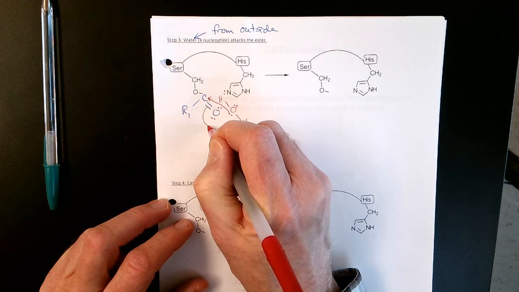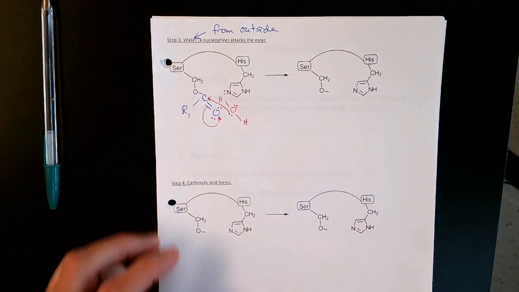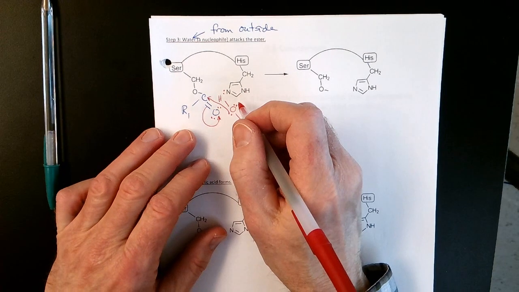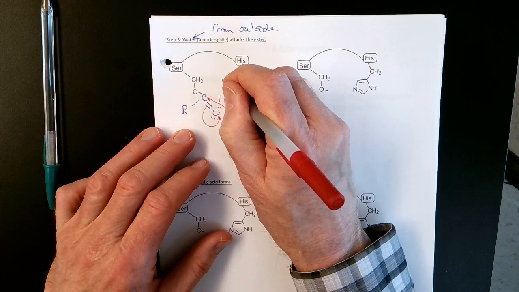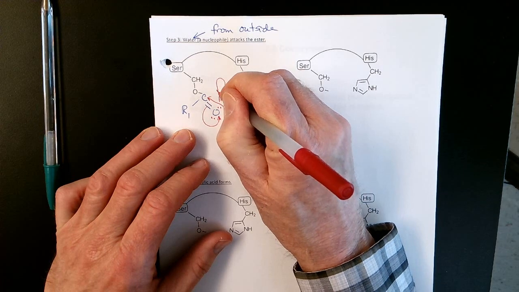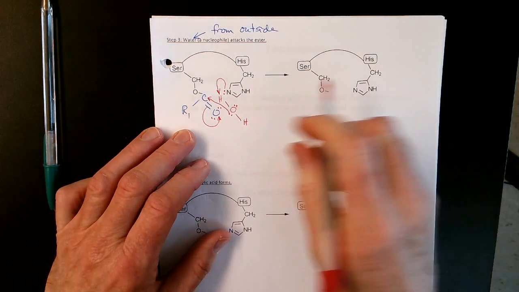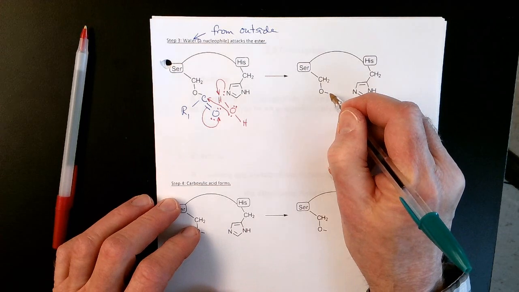Carbon-oxygen double bond, happy to die, and send one pair of electrons out to live on the oxygen by itself. That's like a repetition of the first step. And once again, histidine is in a good place with its lone pair to grab a hydrogen, this time from water. And so here's what you end up with after that step happens.